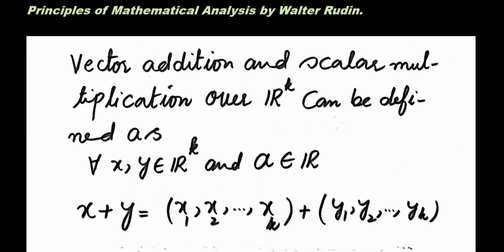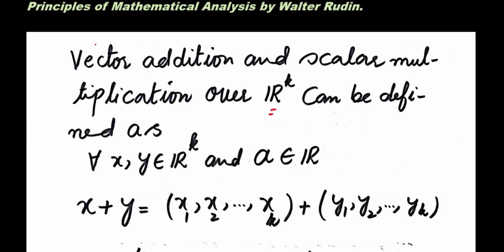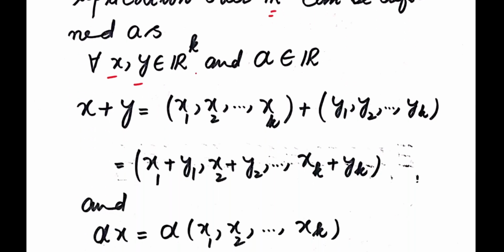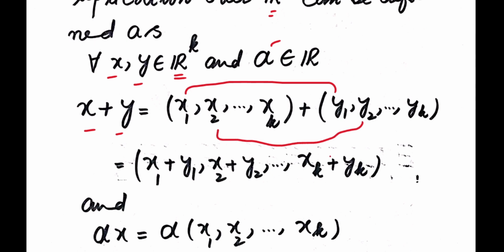In Rk we can define vector addition and scalar multiplication in such a way that x and y are two points in Rk and alpha is a real number, called a scalar. Then their addition x plus y is given by the sum of corresponding components: x1 plus y1, x2 plus y2, up to xk plus yk.